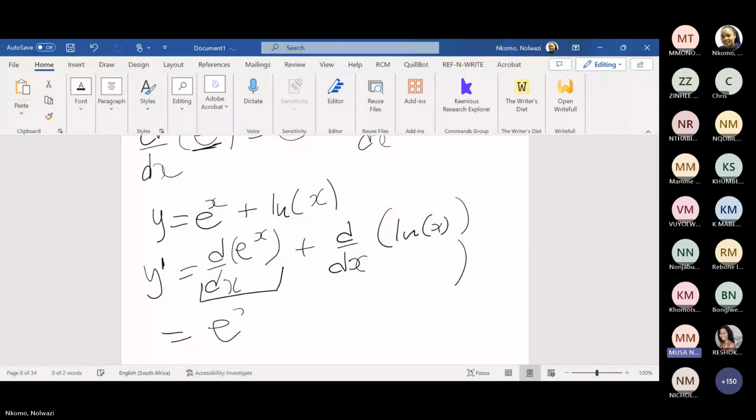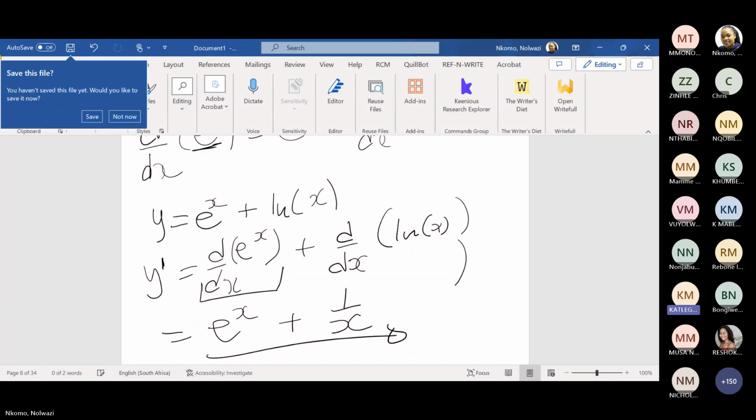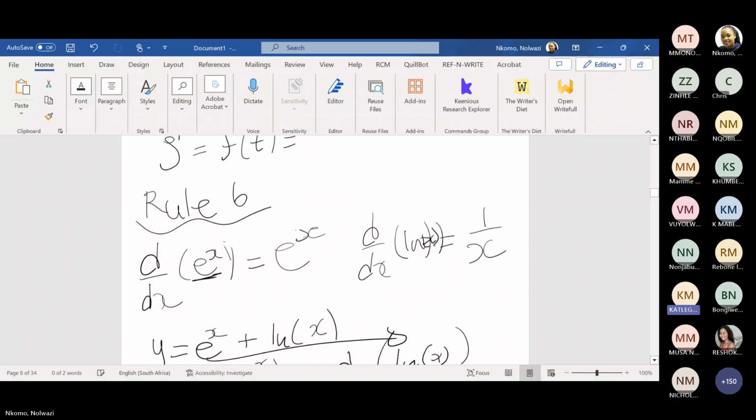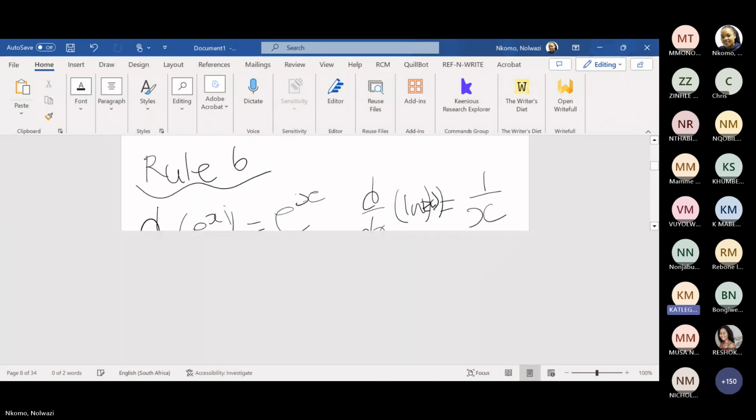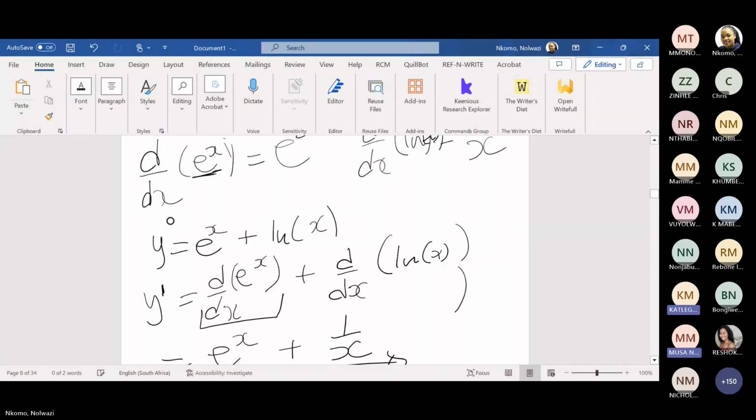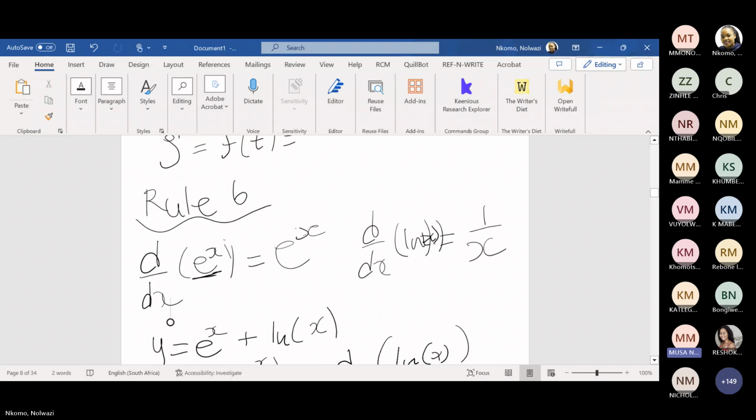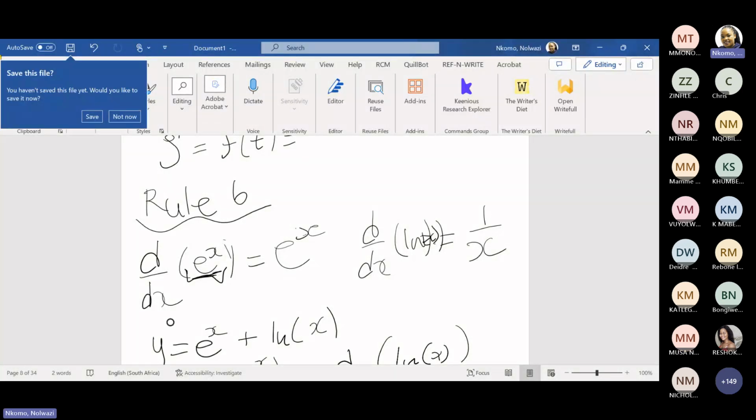Sorry, ma'am. Can you go back to when you explained the rule? I think I lost you somewhere. Just start at the beginning, please. Okay, if you are asked to find the derivative of e to the power x, that is a natural exponential function.